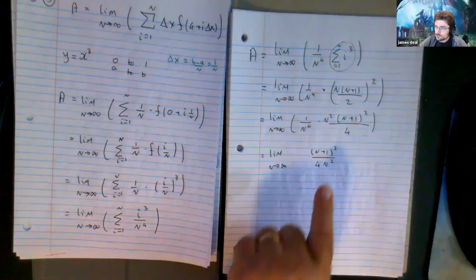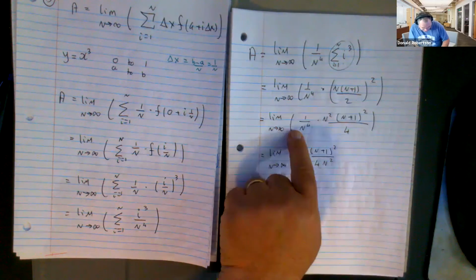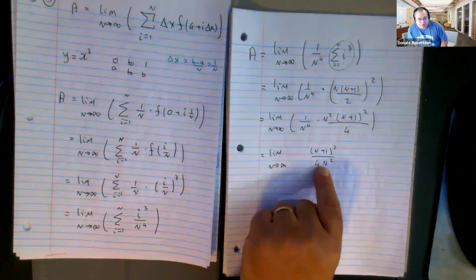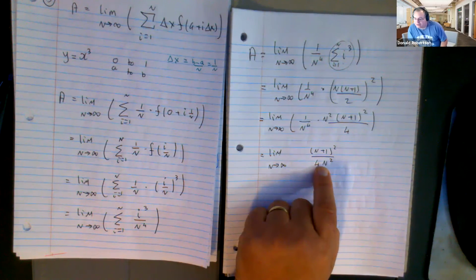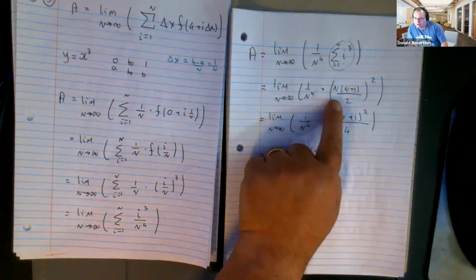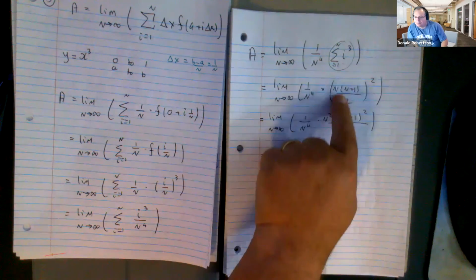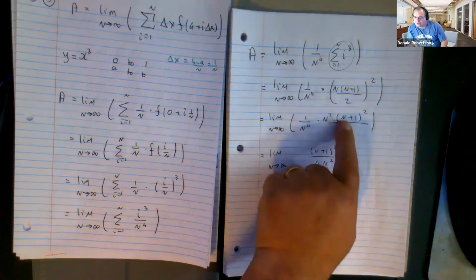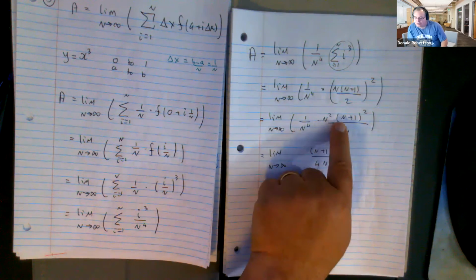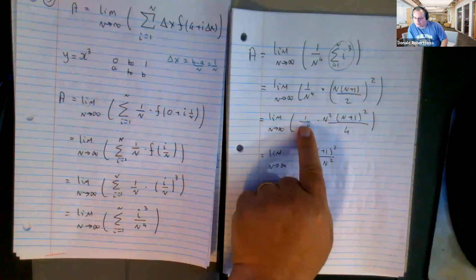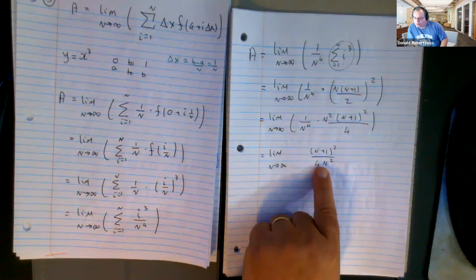So from this line to this line, I just cancelled an n squared. By the way, this is the only time I'm going to do a question like this. Can you understand probably why? They are horrendously long. But the sum of i cubed is this because the question told me. This, if you square it out, gets you that. This n squared cancels partially with that n to the 4, and then to combine the bottoms, you get that.